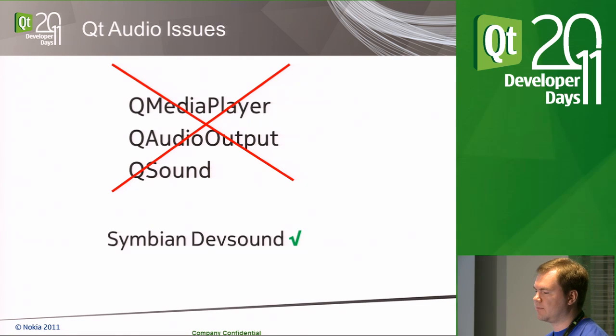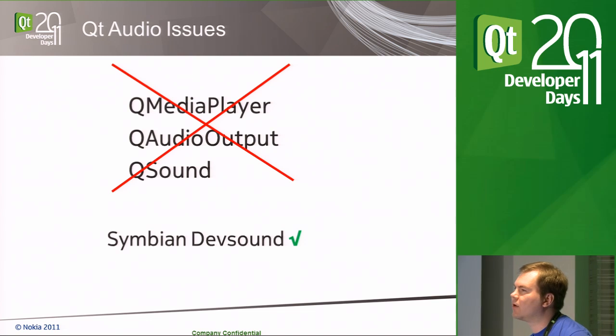I think the API is not so bad, but the Symbian adaptation has some issues there. And then with the Qt audio output, one problem is the audio latency. That is already fixed in the Symbian Anna release.